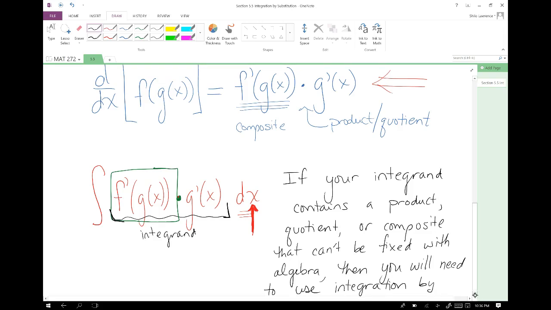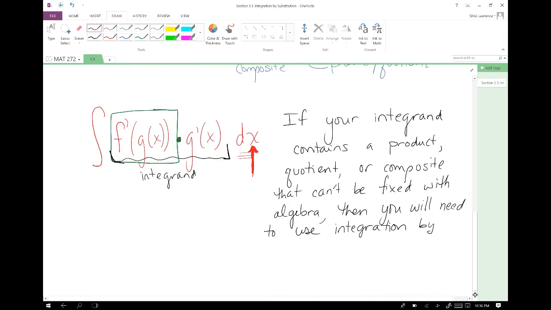So that's really our first hurdle, is to decide when do we need to use integration by substitution.